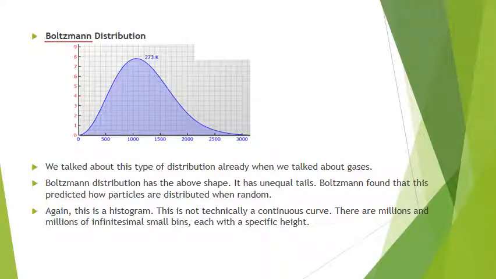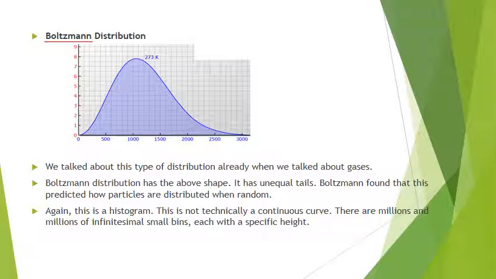Now, a fellow named Ludwig Boltzmann, and we talked about him when we talked about gases, came up with the Boltzmann distribution. The Boltzmann distribution tells us how particles are distributed inside a system according to their energy. It's not a normal distribution.